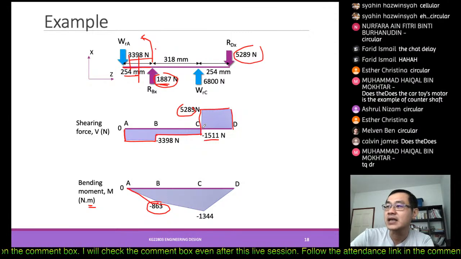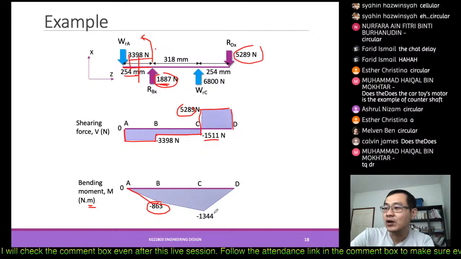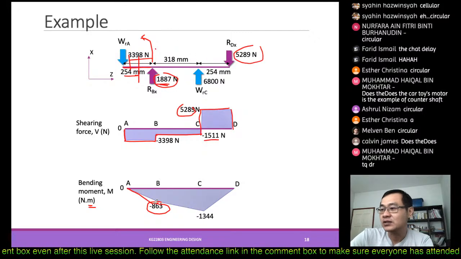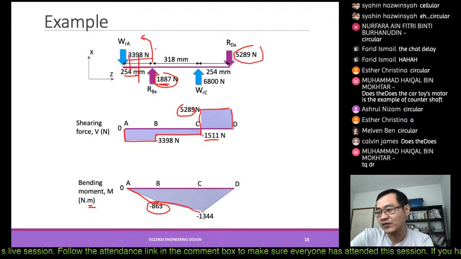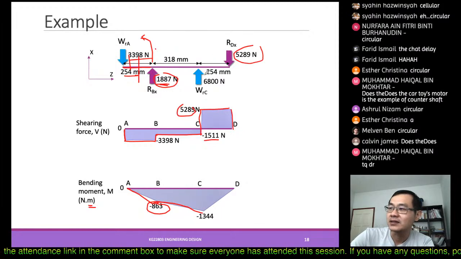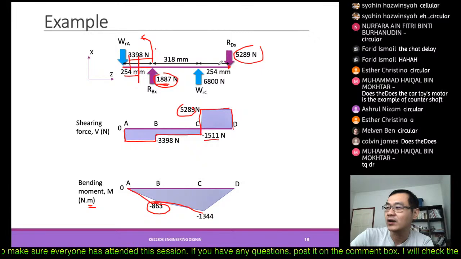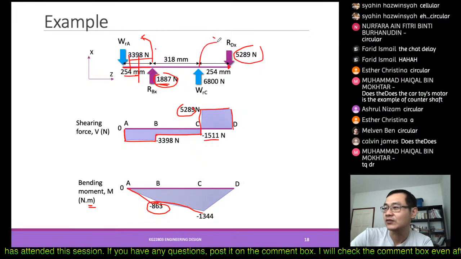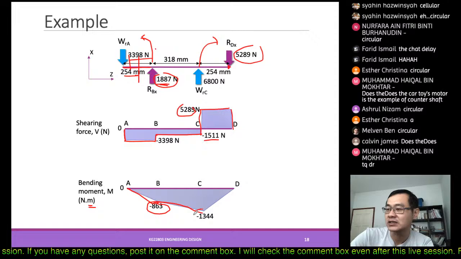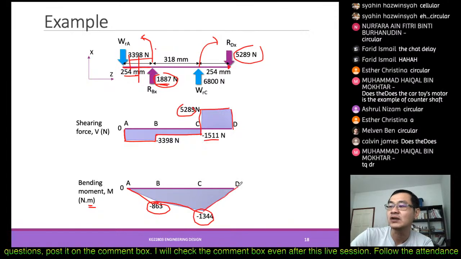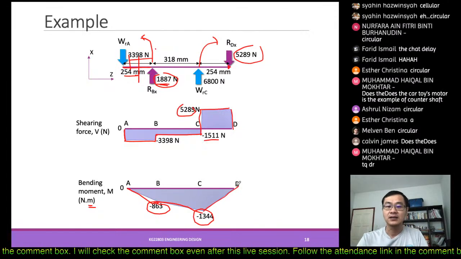Then same thing at this point, it rotates, and we have to add the effect of the bending before it comes back again. If we want to see the bending at this point, you can calculate for this, and it gives you this value. Eventually it comes back to 0 again, right?